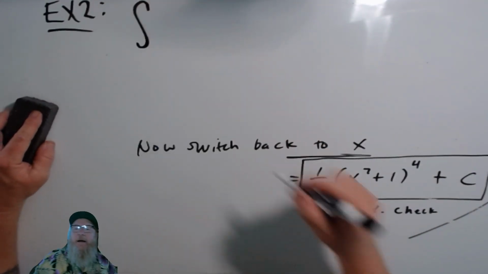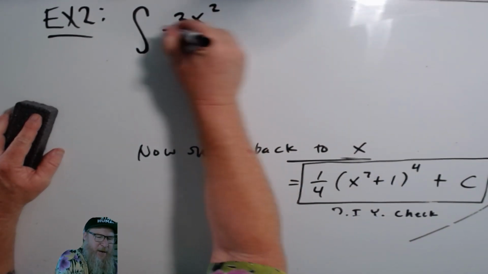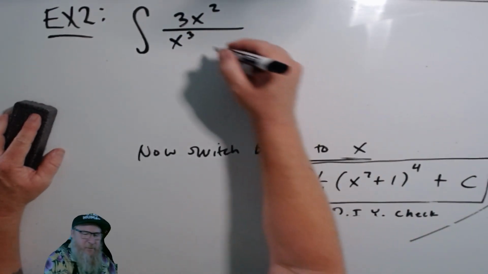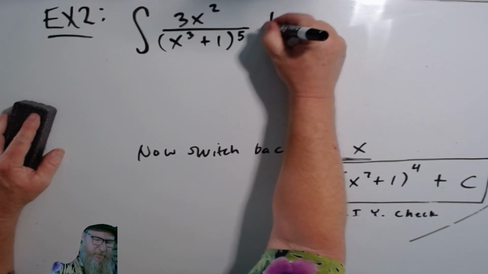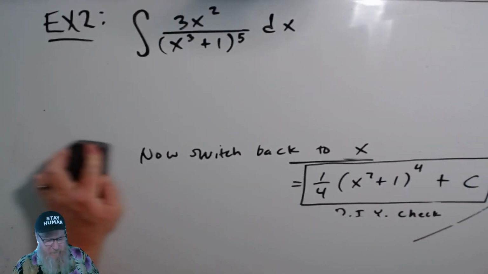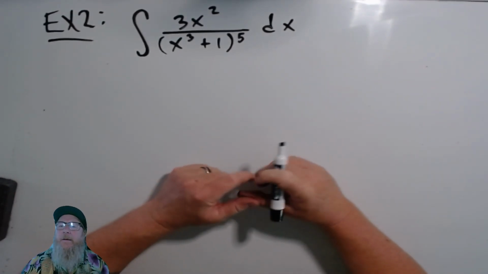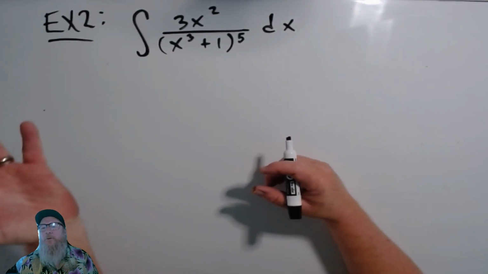All right, so how about the integral of 3x squared over x cubed plus 1 to the 5th? So it's kind of like a quotient rule, right?